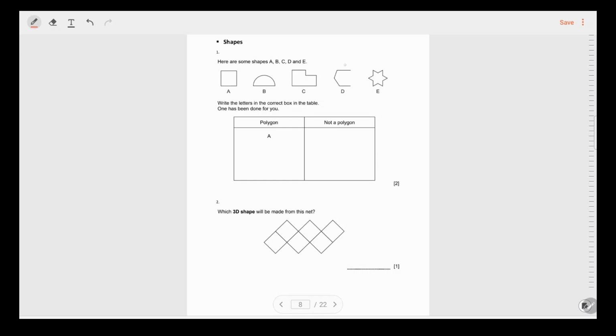So this shape over here is not closed, it's open. And this shape over here has a curved line, which means that B and D are not polygons. So we would classify this over here.